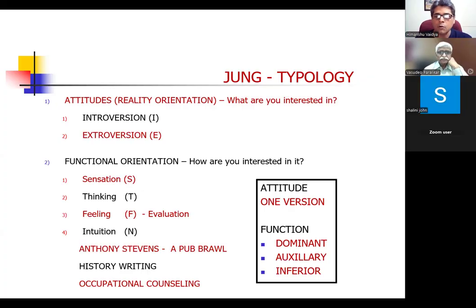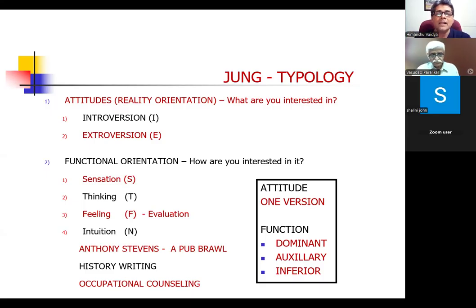The introverted group is more interested in the inner world of thoughts, feelings, and everything else. And the extroverted group is interested more in the outer world of people, society, movements in the world. Jung uses the notation I for introversion and E for extroversion. So the moment you apply this, you divide the human population into two groups.